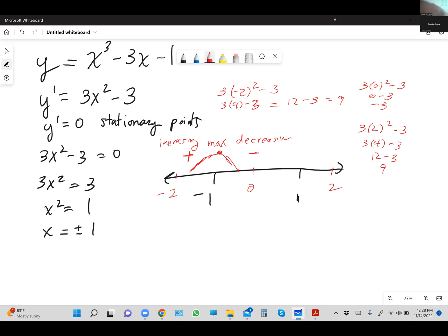And now it increases. So now you know it goes back up. Obviously that's a very bad drawing, and maybe I should isolate it differently. Maybe it should look something like this, where this will be a min here.